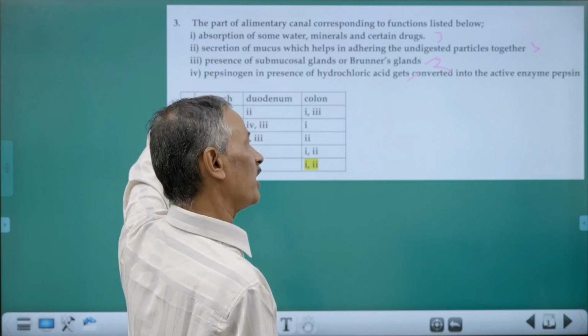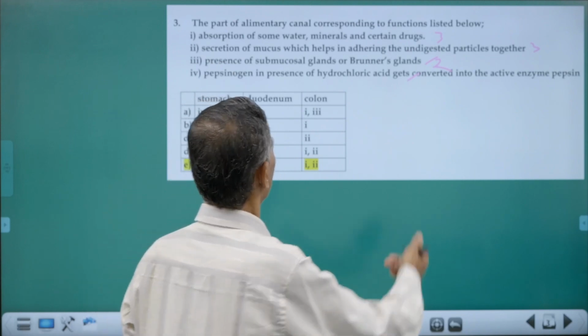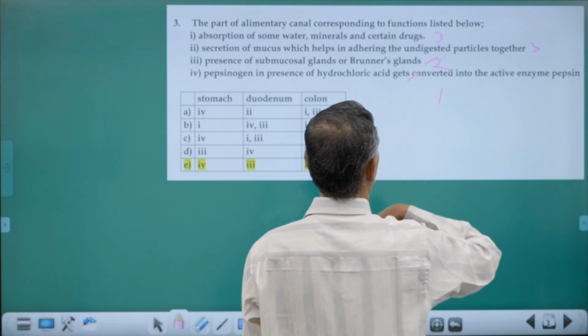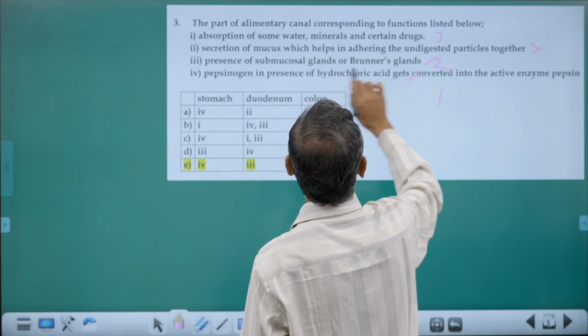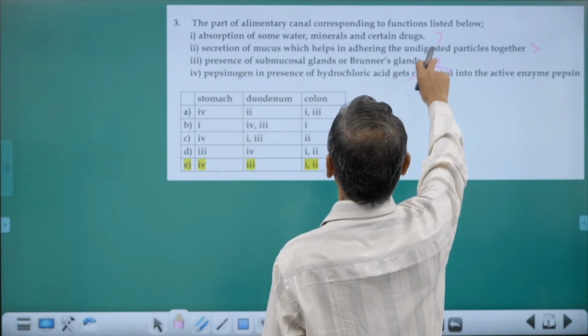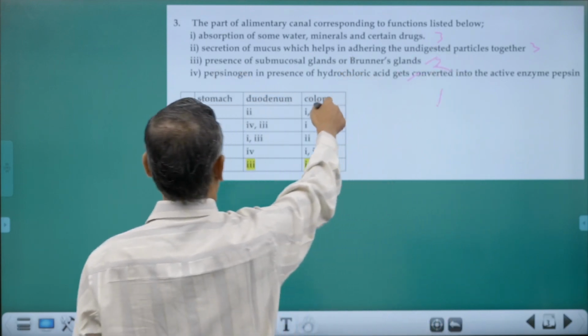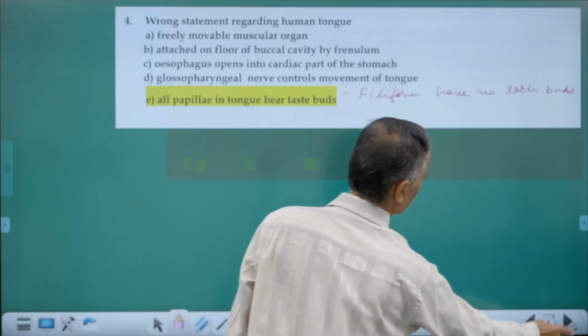It is produced in an inactive form, pepsinogen, by the gastric gland. So it is in the stomach. Hydrochloric acid, 1. So 1 should be 4, 2 should be 3, and 1 and 2 should be for 3 colon. So that option goes to the 3.